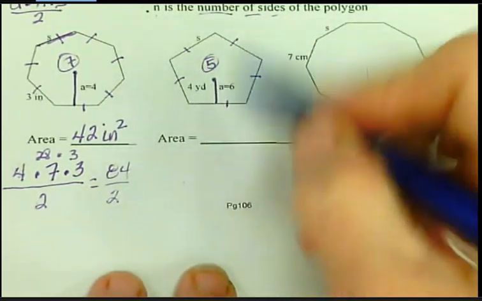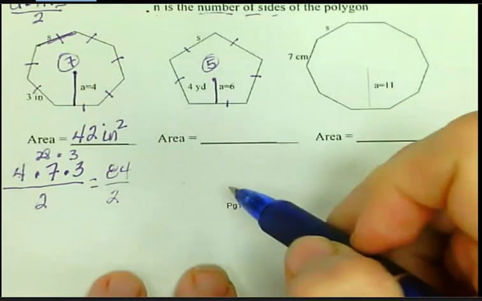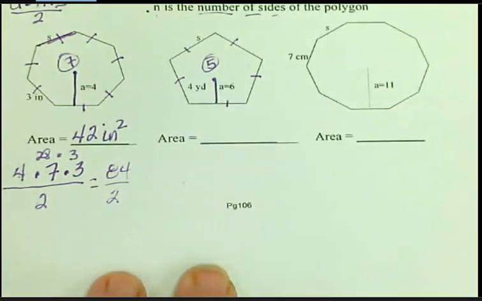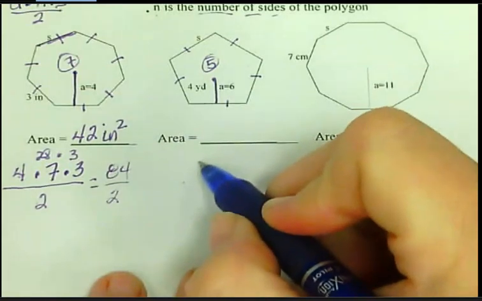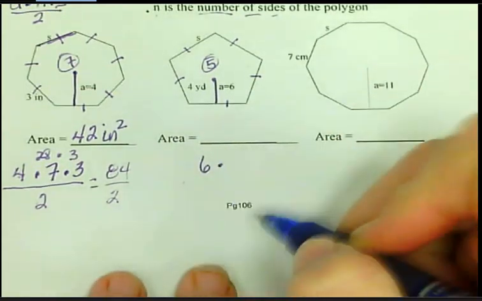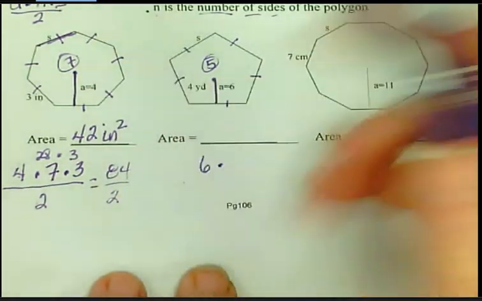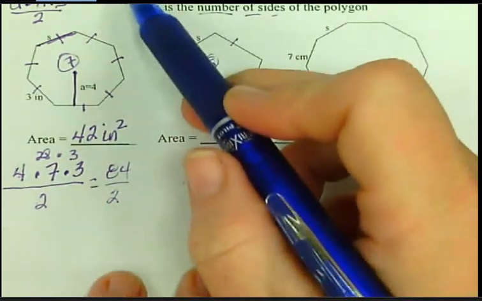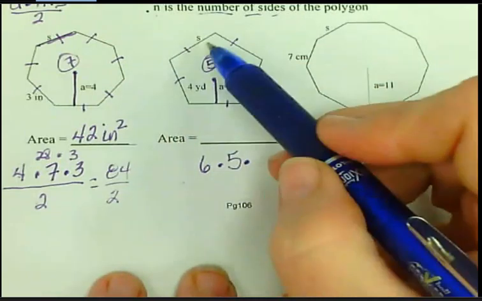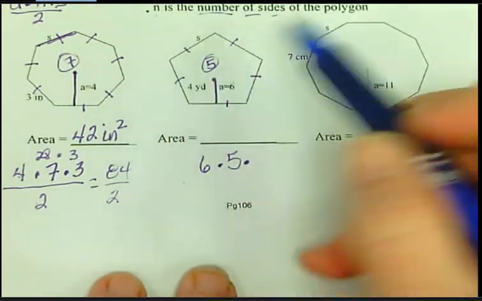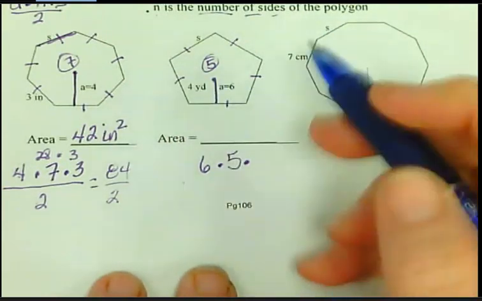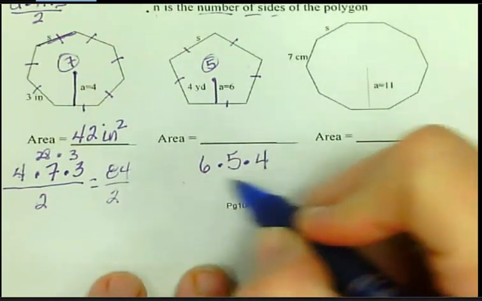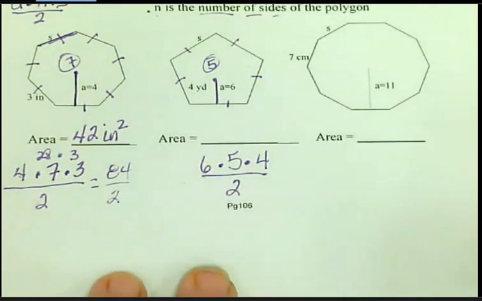My A is going to be 6 yards. We're using yards. So, I've got 6 yards times, my N is 5, times the length of one side is 4 yards. So times 4. And all of that is going to be divided by 2.